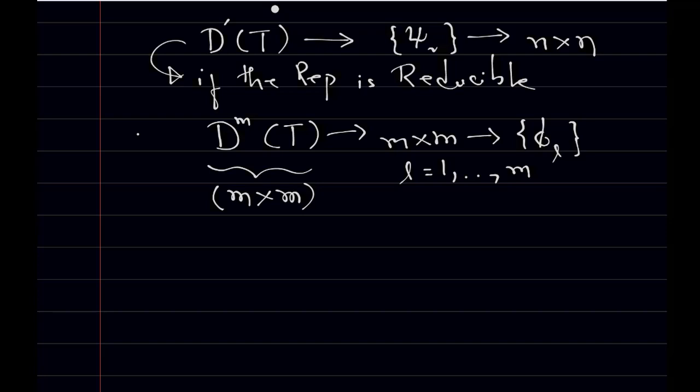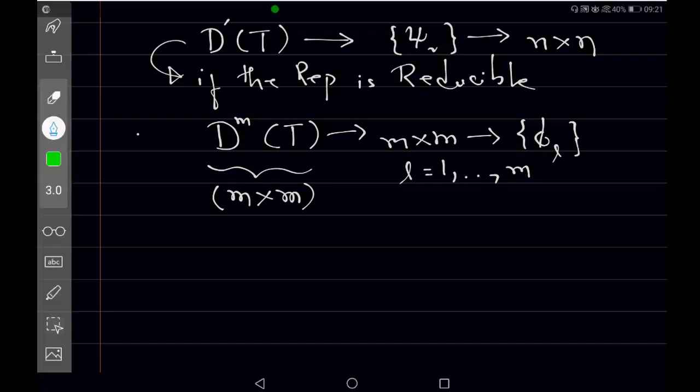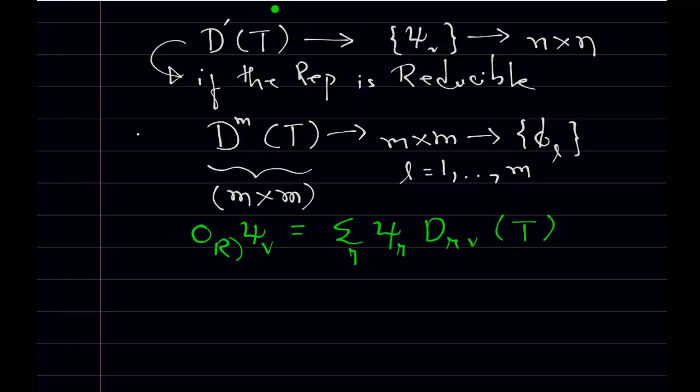Let me use T, I'm not going to use R, so I'll always use T. This is what we already know, how to form a matrix representation of an operator if the basis is given. And here both mu and nu go from 1 to n.